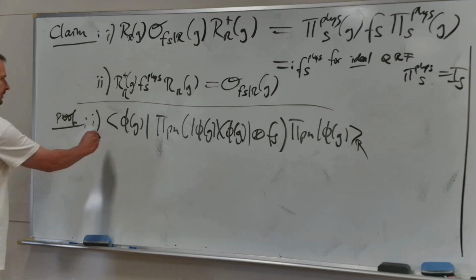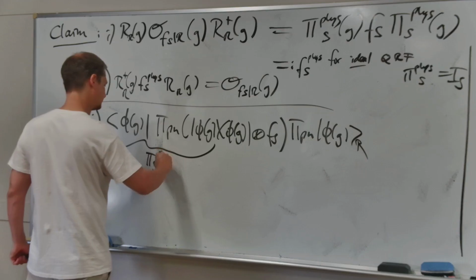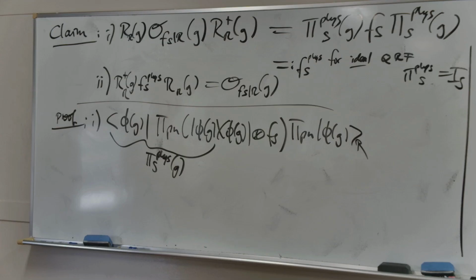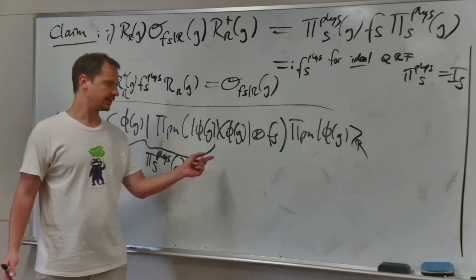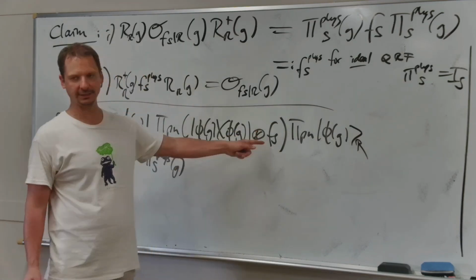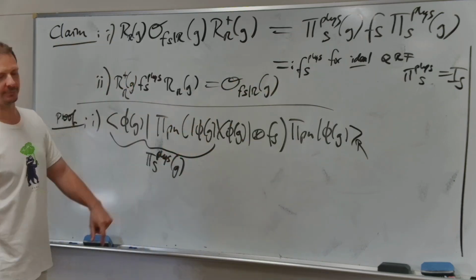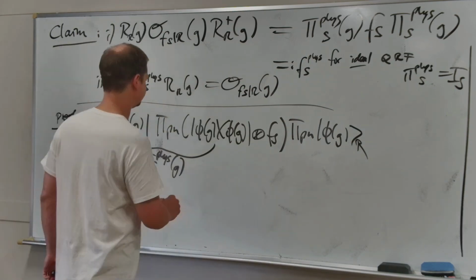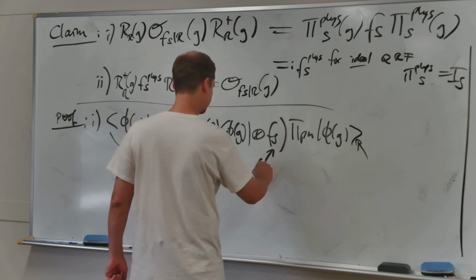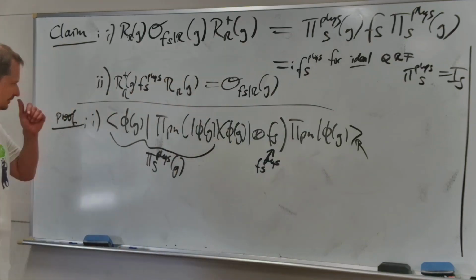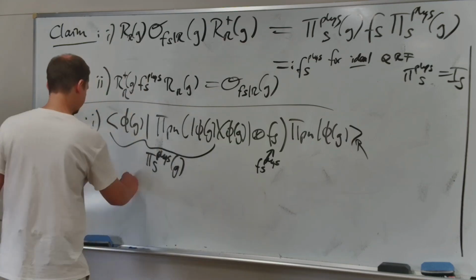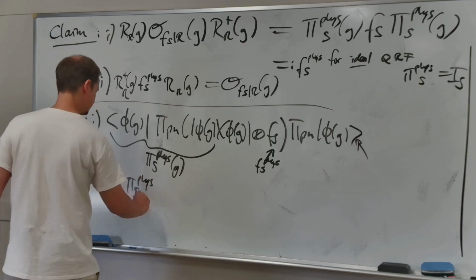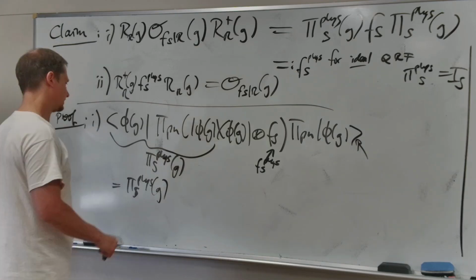This here is clear. This is pi s phys G. Here I do need something I didn't prove: that I can just replace the fs by this without losing any information. So you just have to take my word for it. We have an additional pi phys here, and then you have pi s phys G. Then there's a little bit of gymnastics.